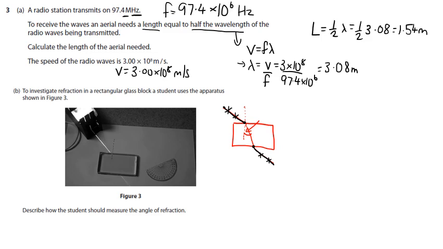So let's write the steps down. This is what we need to do, just describe how we're doing this. So draw crosses on rays to draw the rays up to the edge of the block.